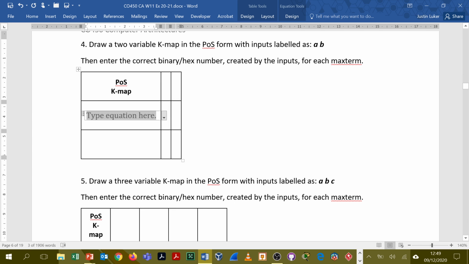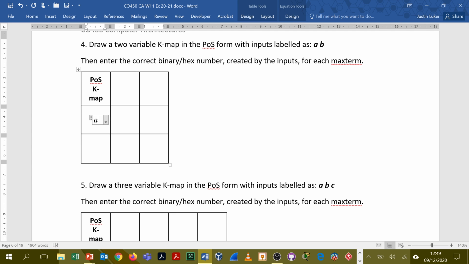So A, we're doing 2 inputs, aren't we? So A is all we need.